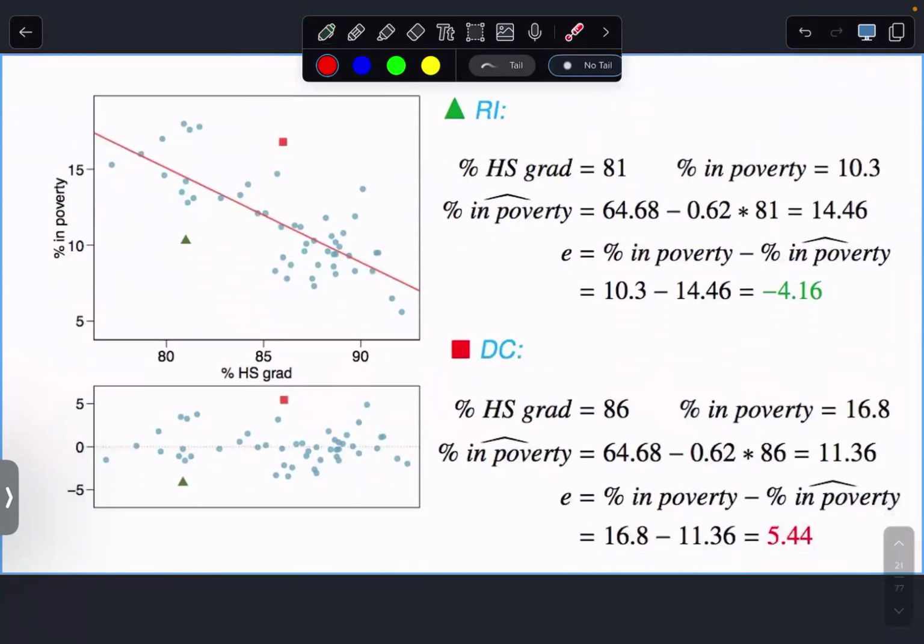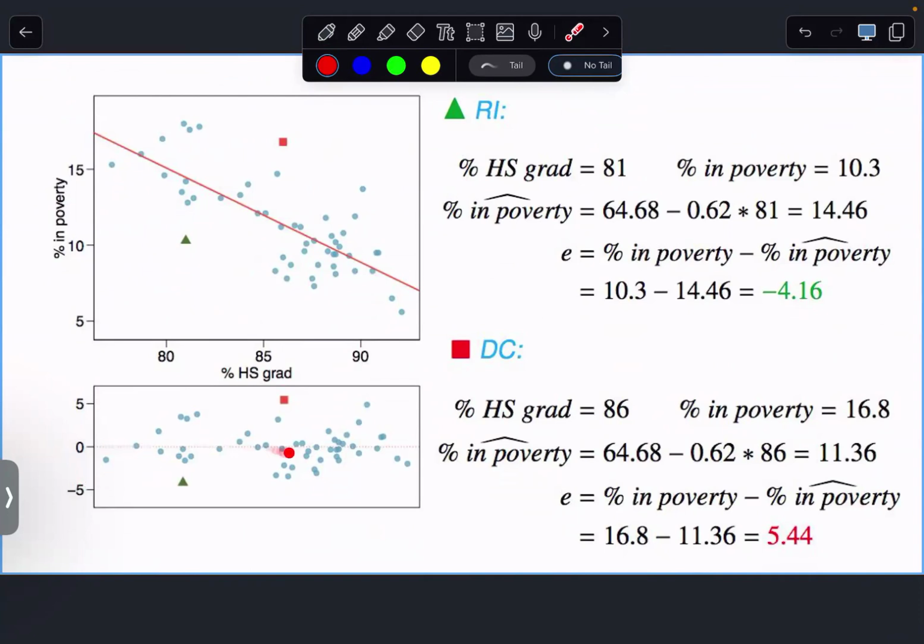So we can look at the original scatter plot, and we've got Rhode Island here had a negative 4.16 residual. And so here, Rhode Island, and if I drop it down, right, then the residual is negative 4.16.